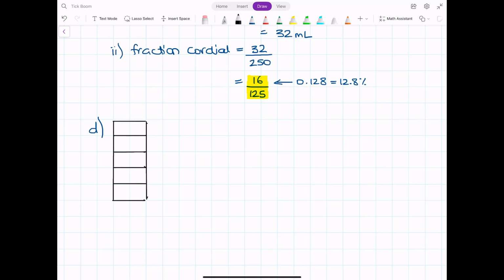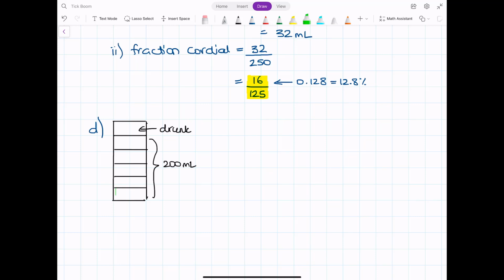But one of those parts has been drunk, just like before with Feroz. So we have 200 mils remaining. Of those 200 mils, that then remained in its 5 parts. So if we break that up into 1, 2, 3, 4 and 5 equal parts.